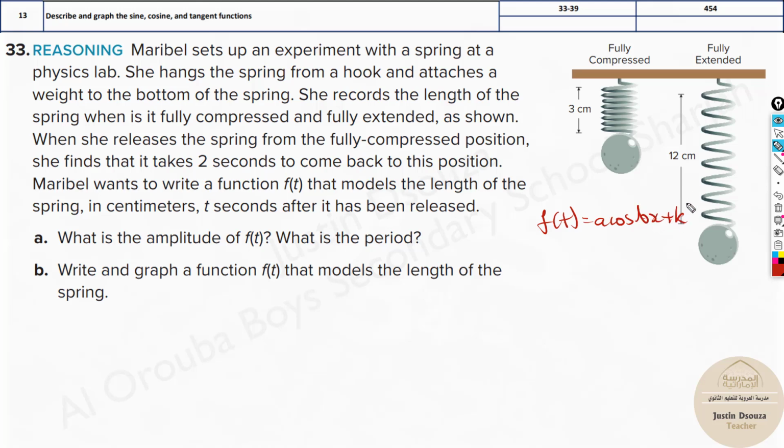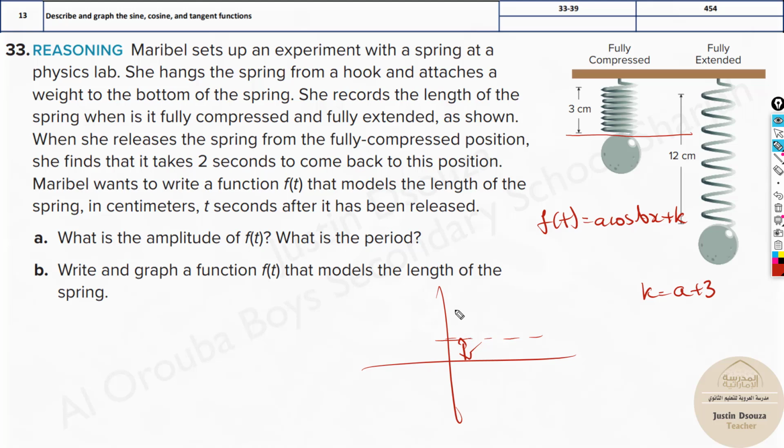K is the midline. Now midline is also simple. K is equal to, you can just add the amplitude with whatever step is there. See now over here, this is already there. That's the extra height. So you need to add that, because when we graph it, the graph will have a jump of 3 centimeters and then the amplitude, right? See, the jump is already given as 3. Or if they tell it's above a certain height, that is the added part.